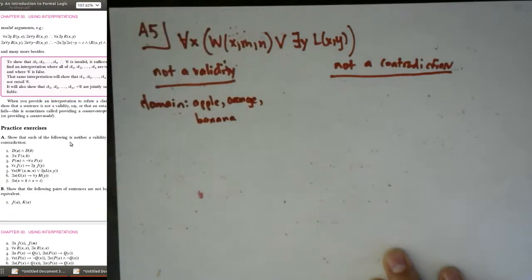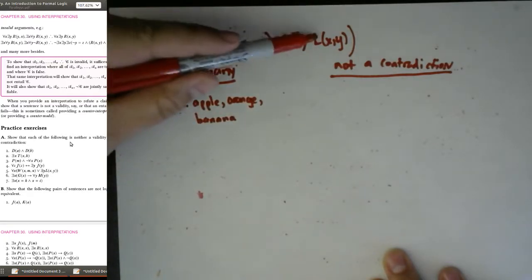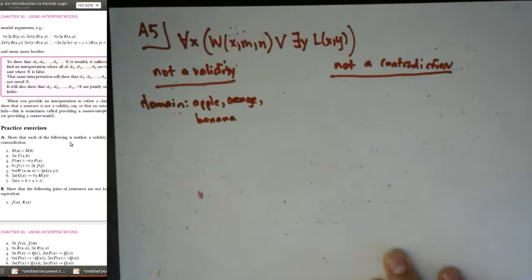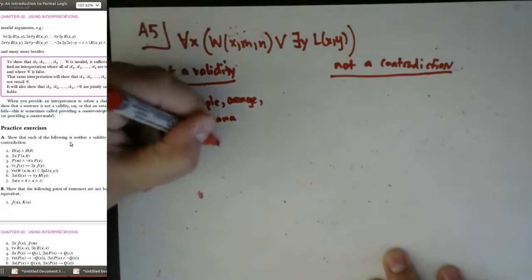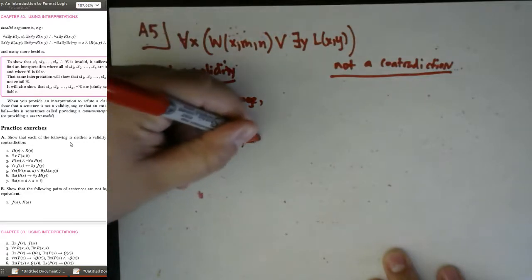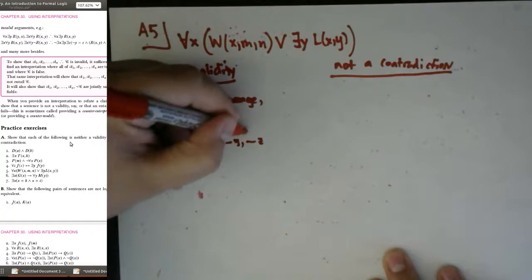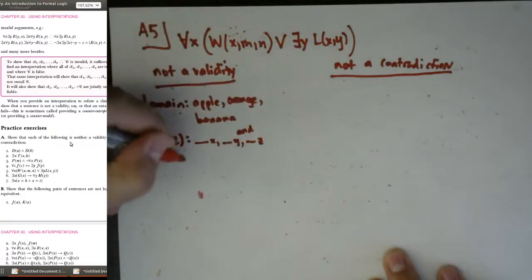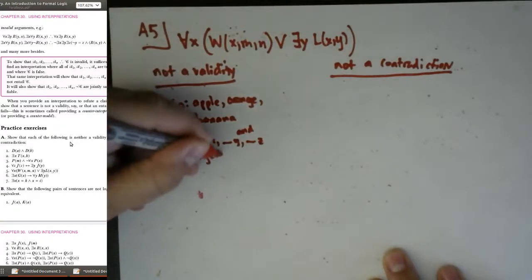And we need to define W and L in a way that they're going to be false. So W(x, y, z) is a predicate. And maybe it's going to mean x, y, and z are vegetables, right?